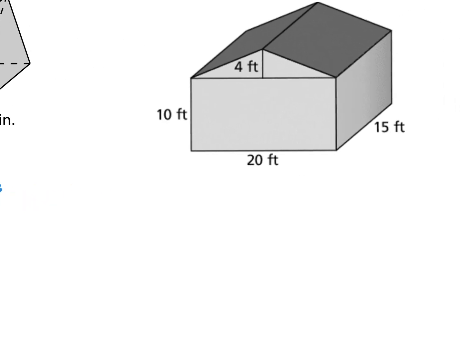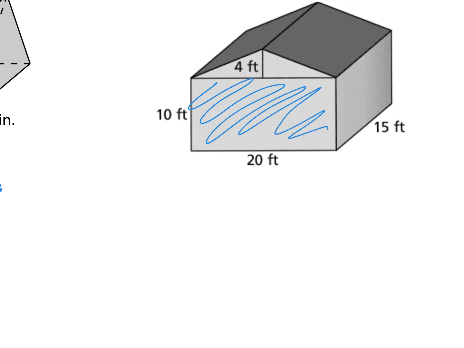Last one we have, this is a house, but a house has a rectangle and a triangle, so we can add that up separately. So we can do 20 times 10 for the rectangle, then we add the triangle, which is 1/2 times 20, which is our base, times the height, which is 4. So this is our base area.